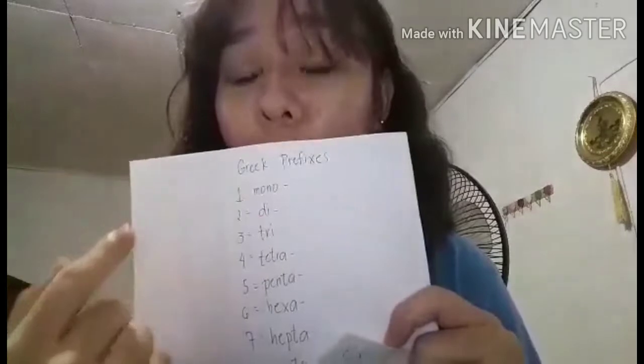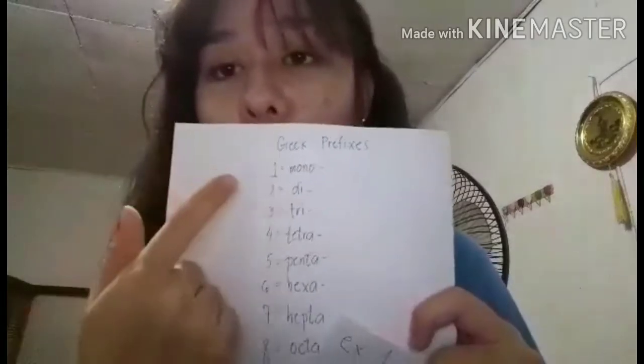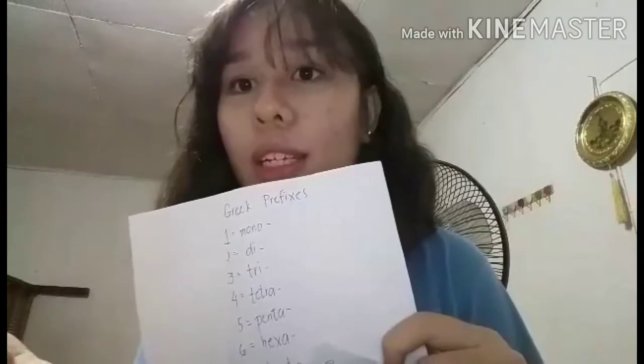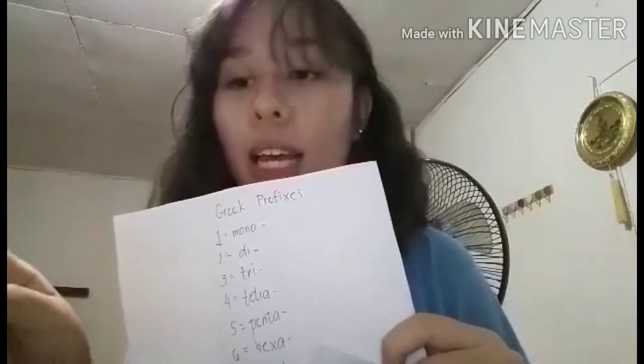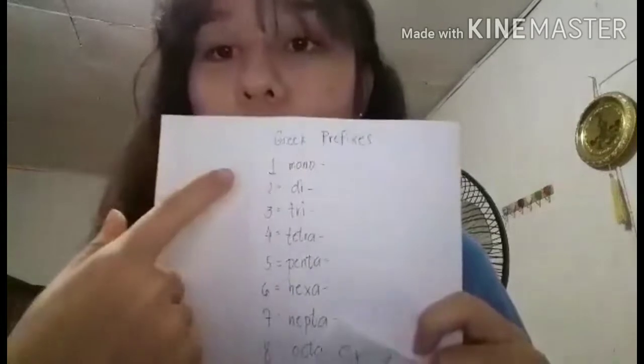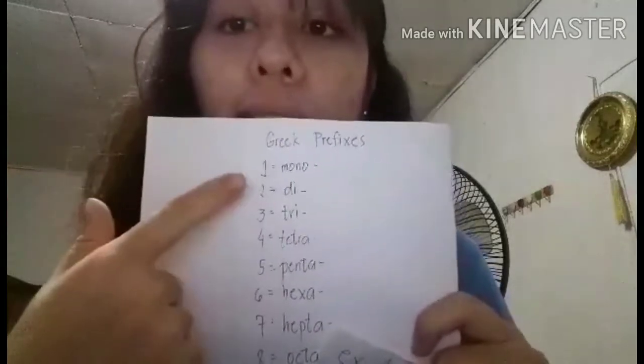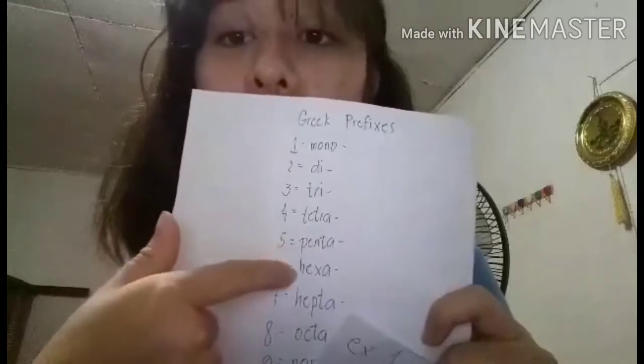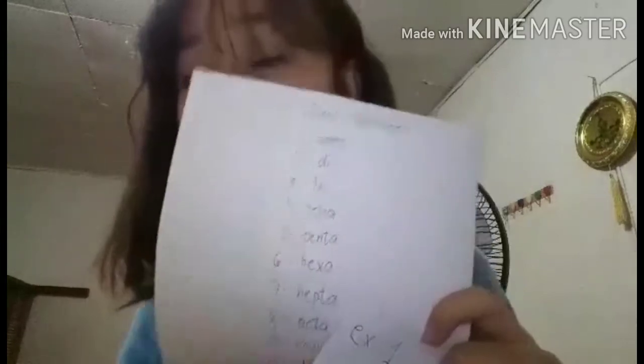In covalent there are some Greek prefixes. Prefixes refer to the number of atoms that are present in a compound. So there is 1 mono, 2 di, 3 tri, 4 tetra, 5 penta, 6 hexa, 7 hepta, and so on.